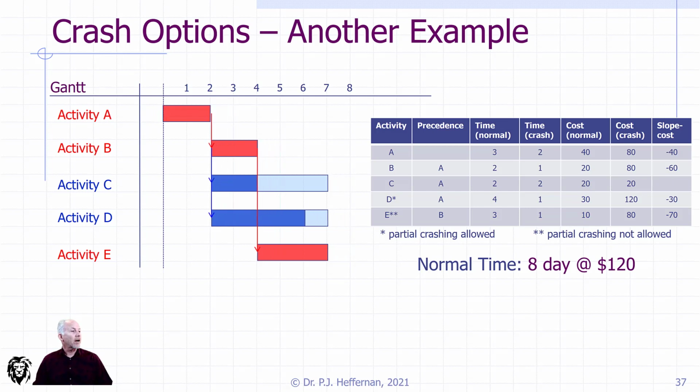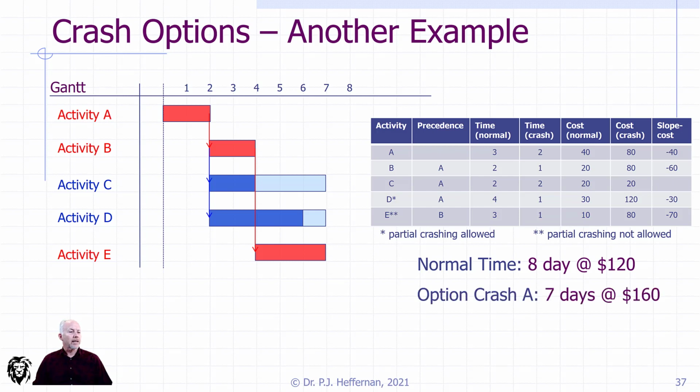And if we were to crash activity A, which is up here at $80, we can get down to 7 days at $160. Now C is cheaper, but it's not a critical activity, and so it doesn't achieve what we're looking for. So our first option is to crash activity A, and we reduce the time period for the project to 7 days, and now the project is going to cost $160.